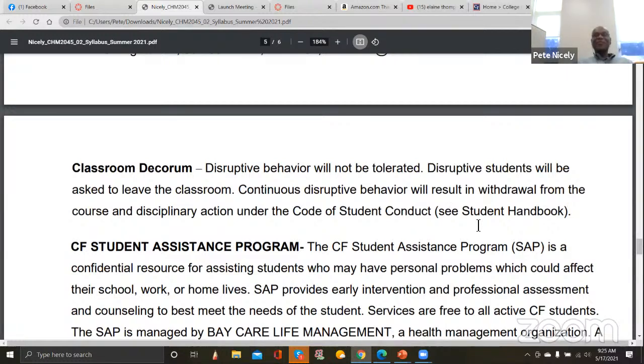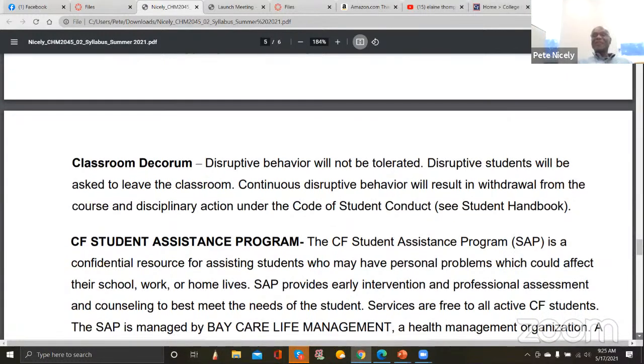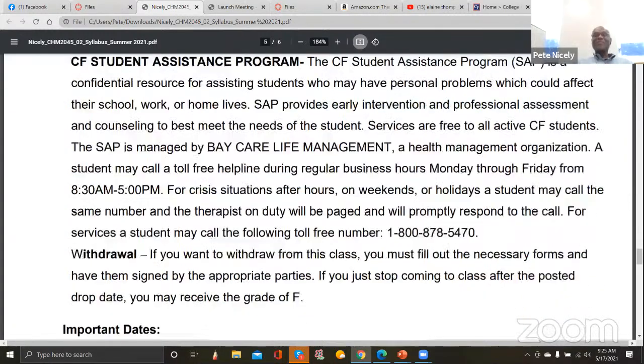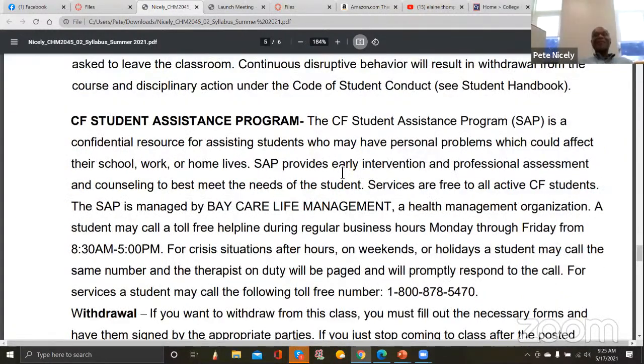The CF Student Assistance Program. Now, this is basically a counseling program, I would say. The way this works is that if you have personal issues, problems that interfere with your home or school life or work life, whatever, then you can call this toll-free number.